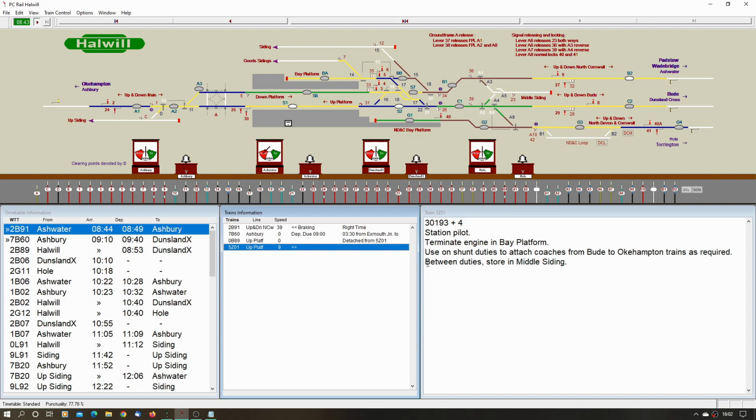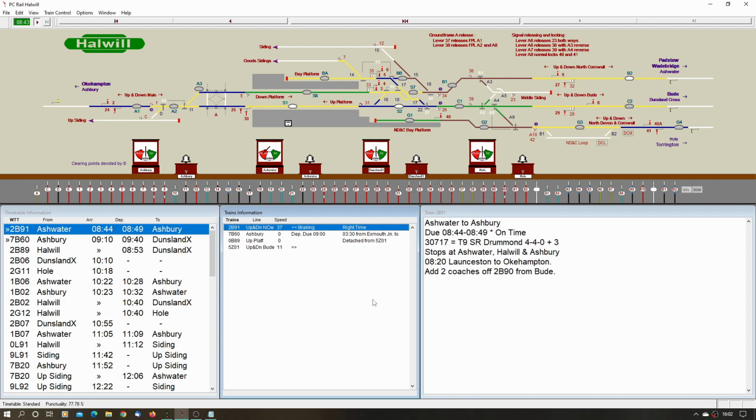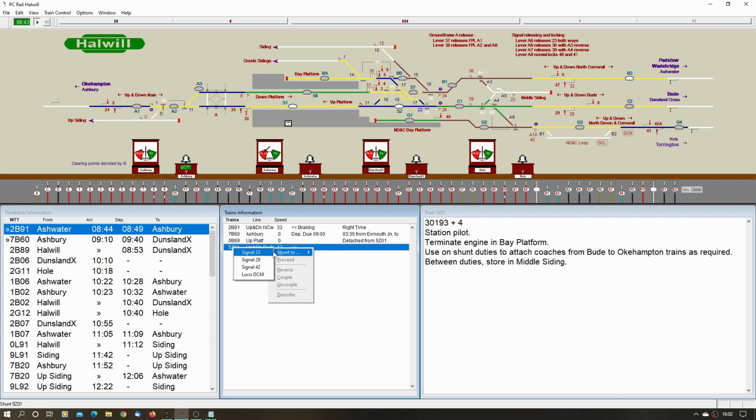Now we've got this passenger train coming in, but it's just going to have to stand quite a while. I'm going to put the shunt 2 command on that. Let me do 26. Why won't you let me do 26? Oh, there it is. That was coming.